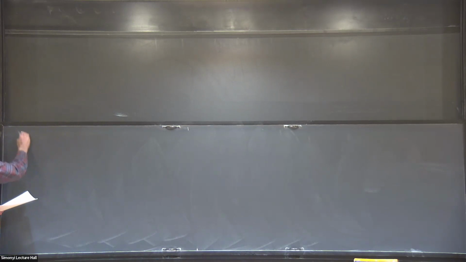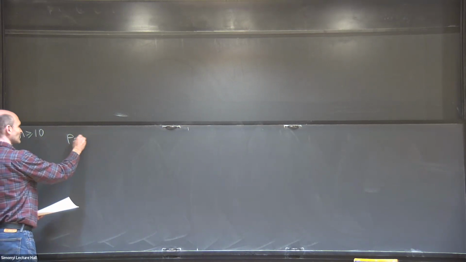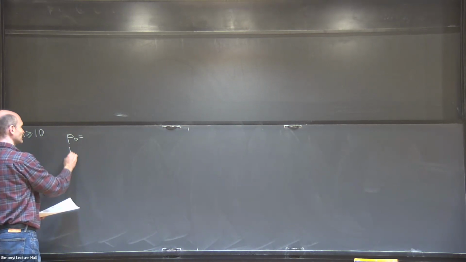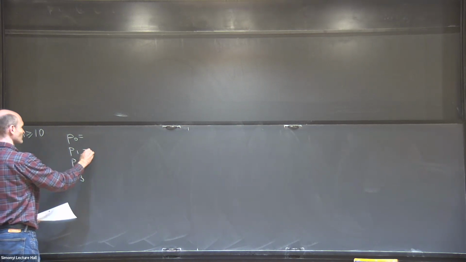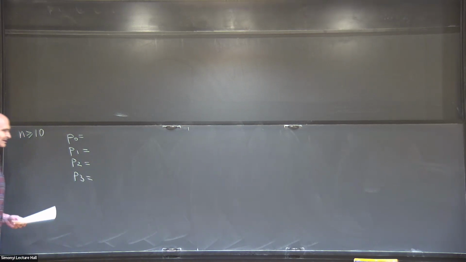So suppose you have this n greater or equal to 10, just for simplicity. What he said is, okay, we have points P0, P1, P2, P3. If n is at least 10, no 3 of these points are collinear, so they're in general position.